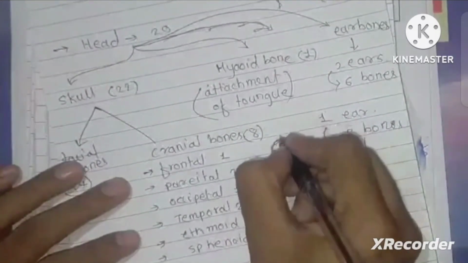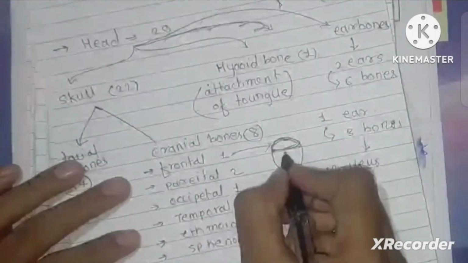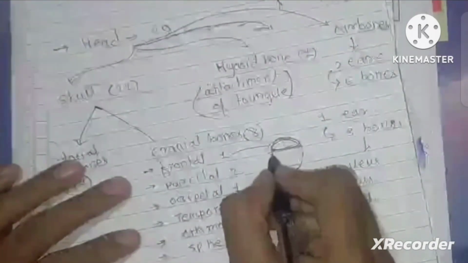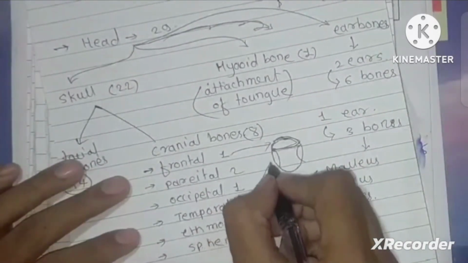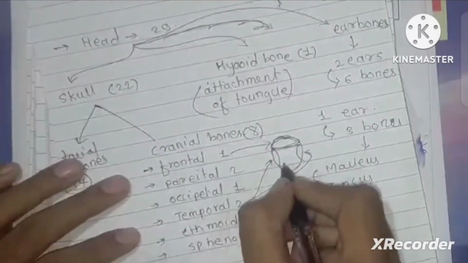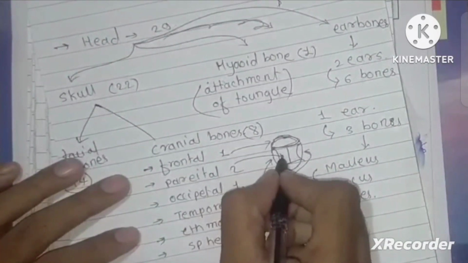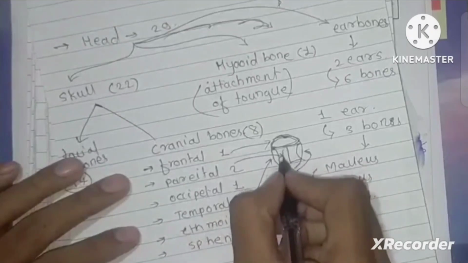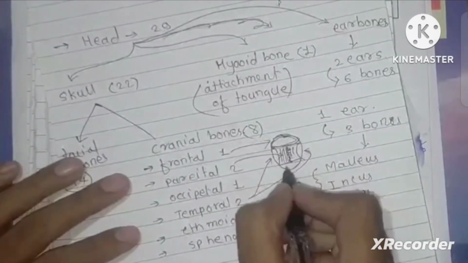This is the frontal lobe. Parietal lobe is by sides. These are temporal lobes where our ears are present, and these in between part is known as parietal lobe, which is above the frontal lobe.